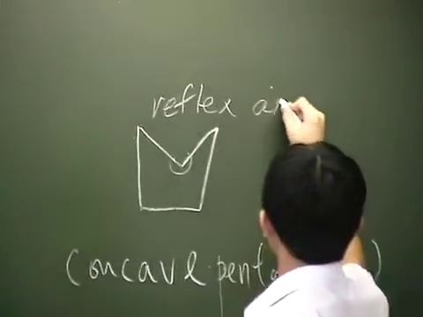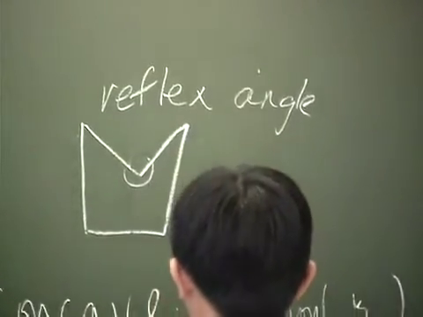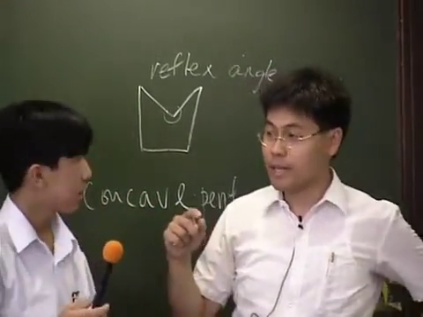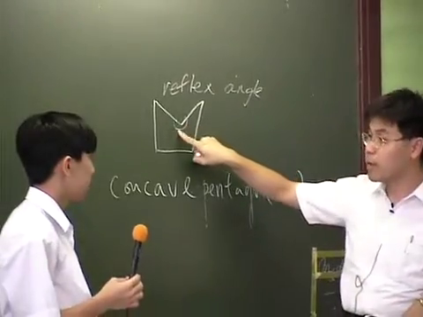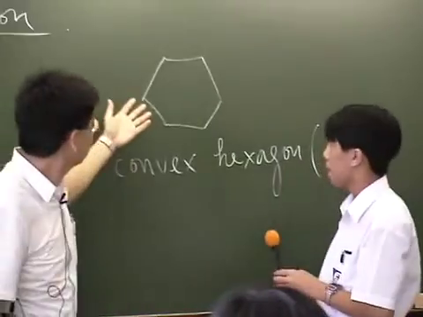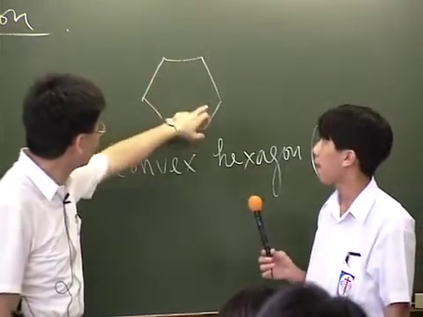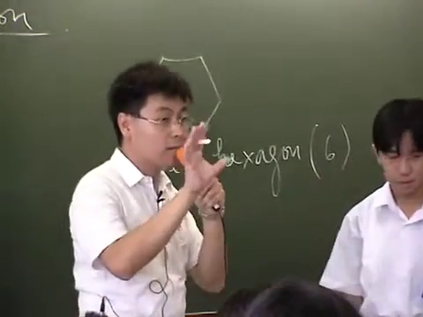More than 180 degrees. Yes. Okay, that means this angle is more than 180 degrees. How about this polygon? Can we find any angles more than 180 degrees? No.